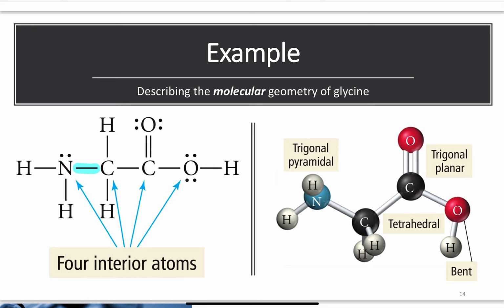I've got 1, 2, 3, 4 areas of electron density. So it's based on a tetrahedral structure, but I have 3 bonds and 1 lone pair. That is called trigonal pyramidal.